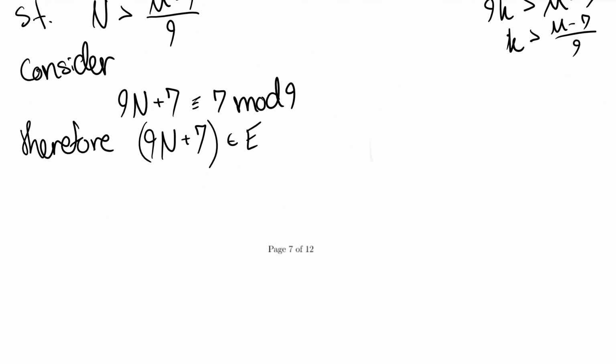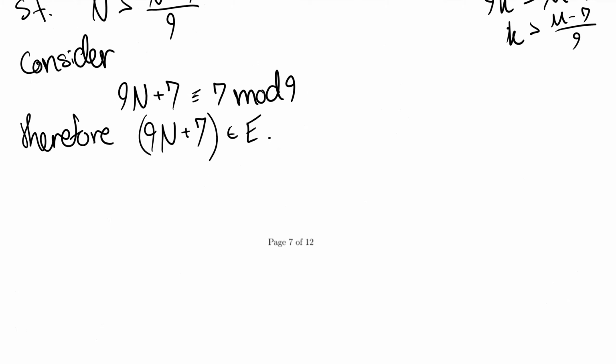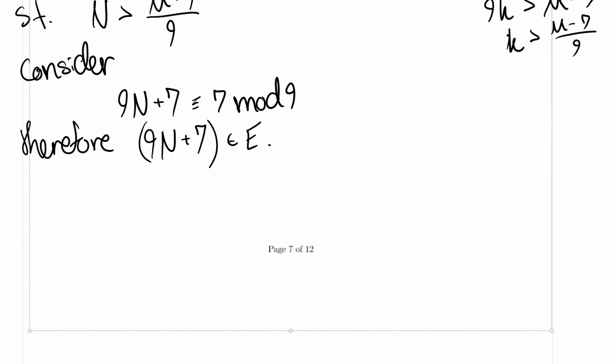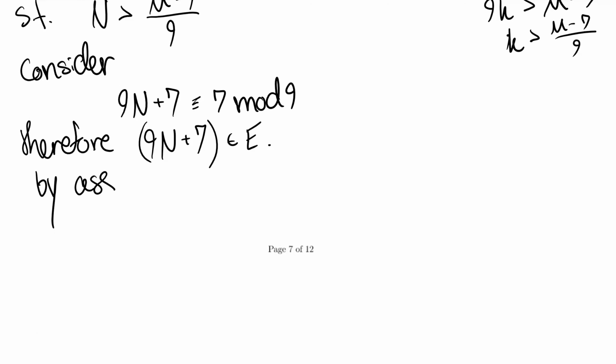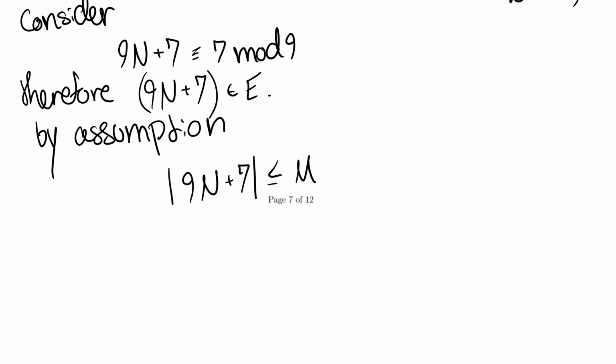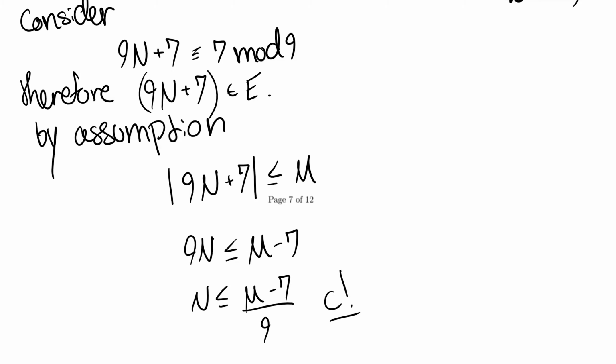Now that it's in there, maybe we could say by assumption, the absolute value of 9n plus 7 is less than or equal to m. This is positive, so we get 9n less than or equal to m minus 7, and then n is less than or equal to m minus 7 over 9, contradiction.